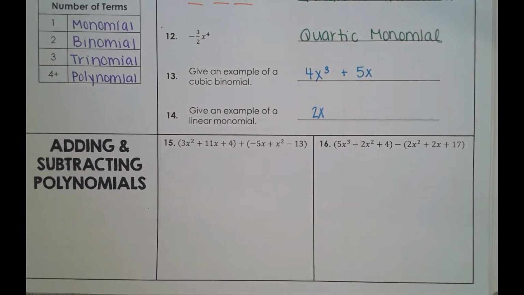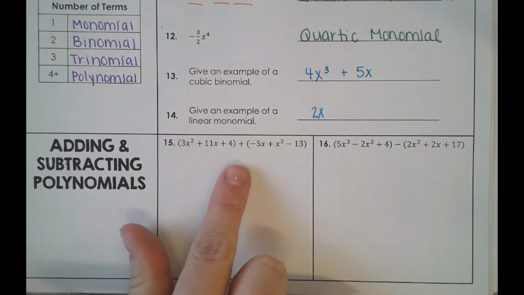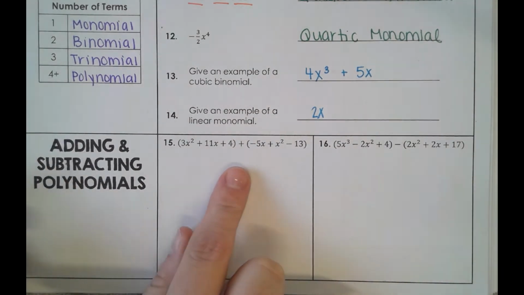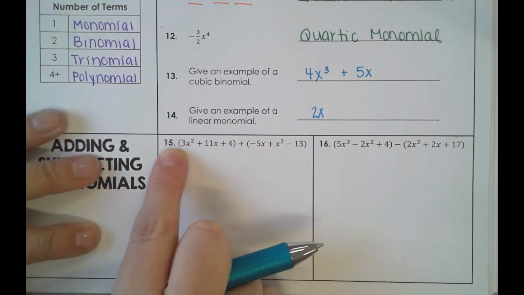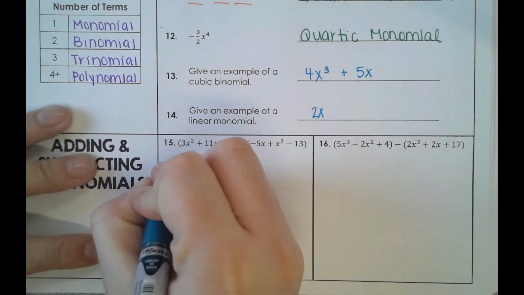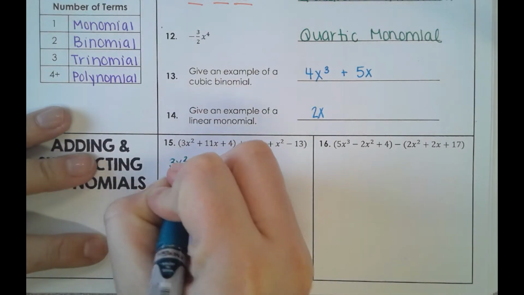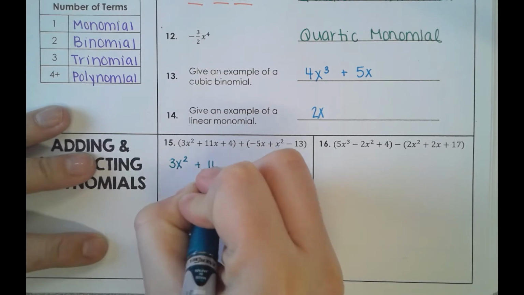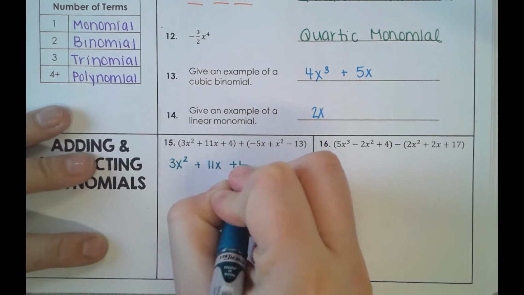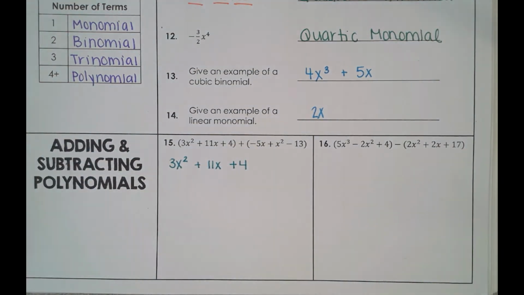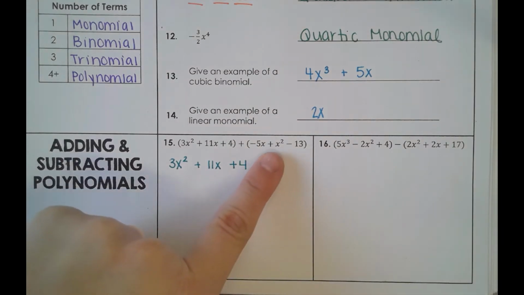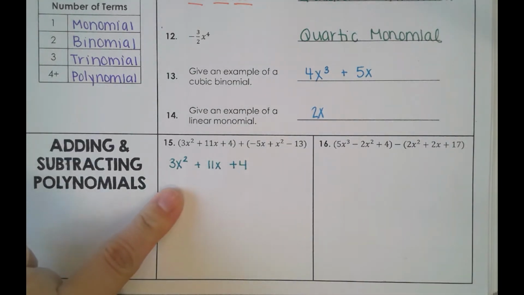So what we do, if it's addition, it's super simple. Take your first polynomial and rewrite it. 3x squared plus 11x plus 4. And then the other one, you're going to write underneath, but make sure you're stacking your like terms.